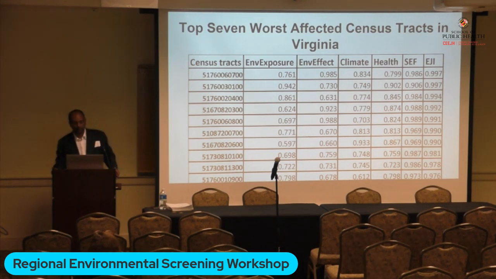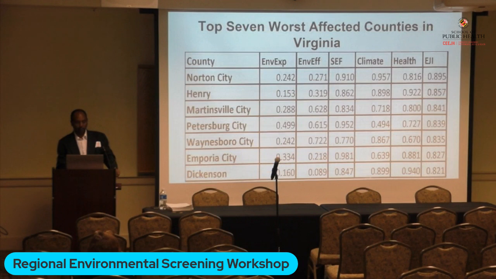So in each state, you can see the worst affected census tracts. When I look at the county overall statistics, Norton City becomes the highest, followed by Henry, Martinsville City, Petersburg City, Waynesboro City, Emporia, and Dickenson counties with the highest overall EJI scores.